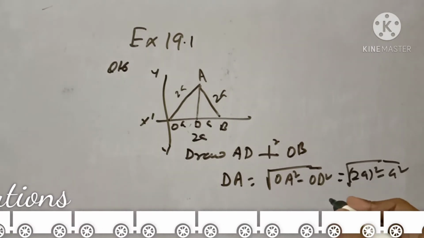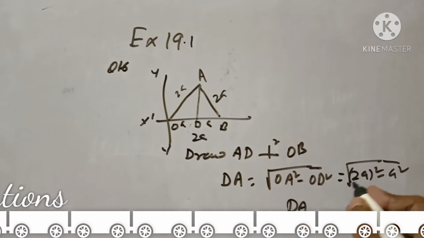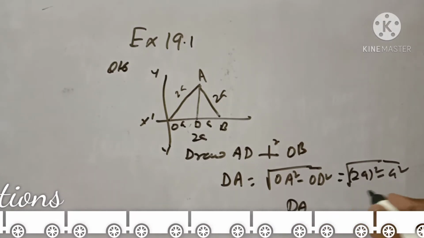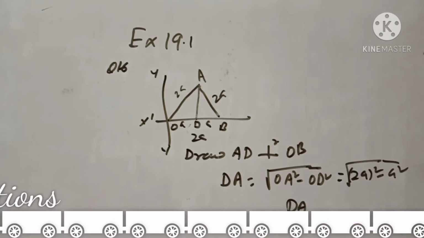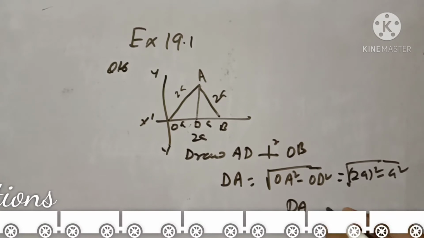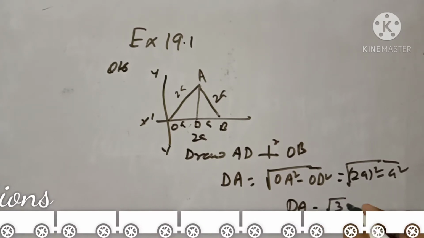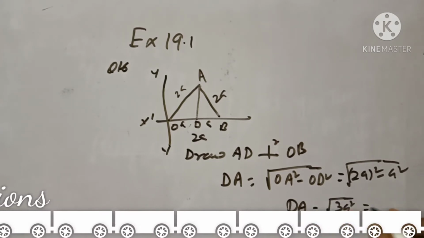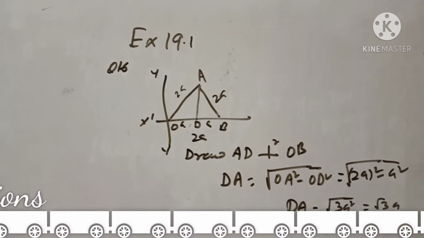Therefore DA equal to 4a square minus a square, it will come 3a square, that is root 3 a.